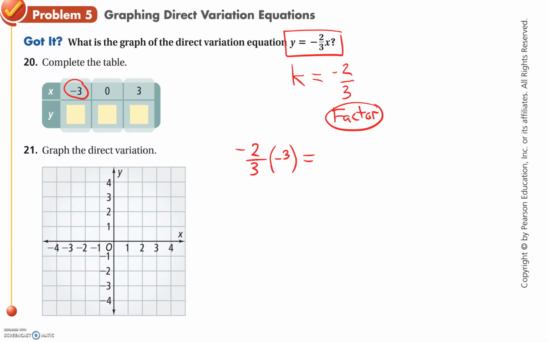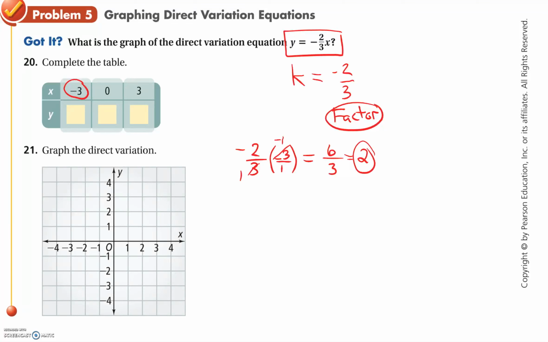When we do this, I could do it a couple ways. I could do negative 3 over 1 is the same as negative 3, and by the rules of fractions multiply the top, so negative 2 times negative 3 is positive 6 over 3. I could get 2. Another way to do this is to say, negative 3 divided by 3 is negative 1, and then I could just do negative 2 times negative 1 and still get 2.